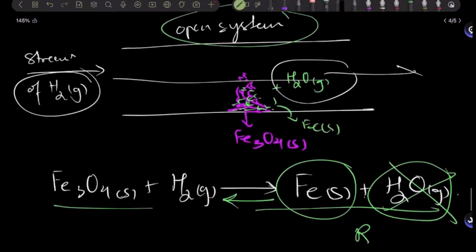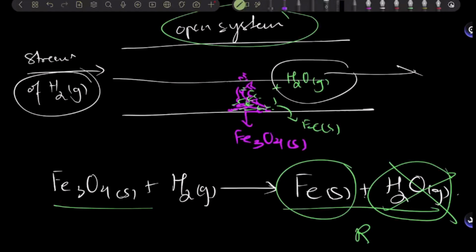So again, you lost one thing. So it was an open system. You lost the H2O gas that was required with the Fe solid to go in the backward direction. So now you cannot go in the backward direction. This remains a unidirectional reaction. It only goes forward.